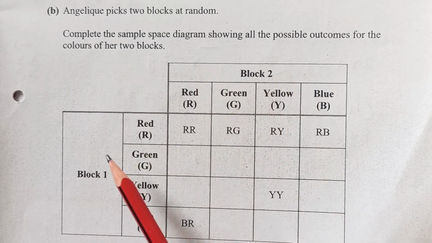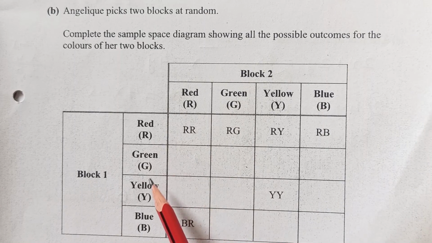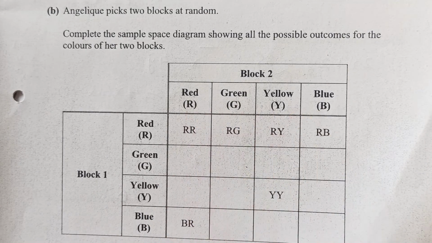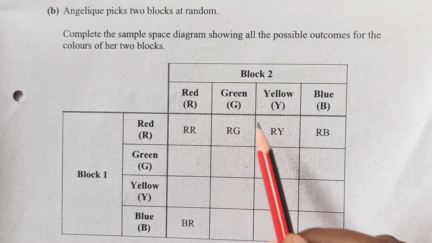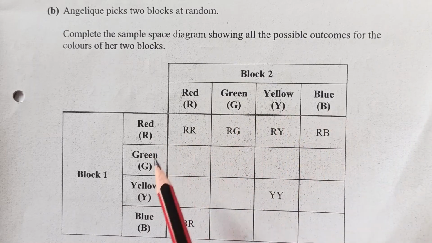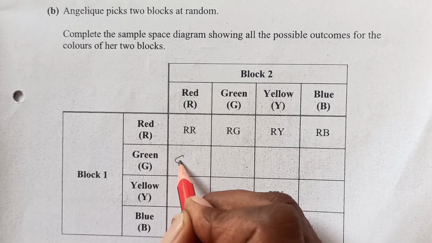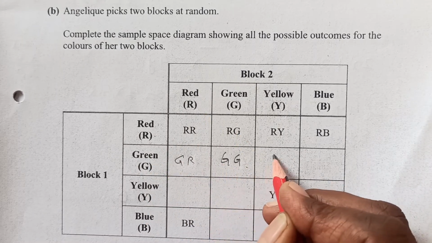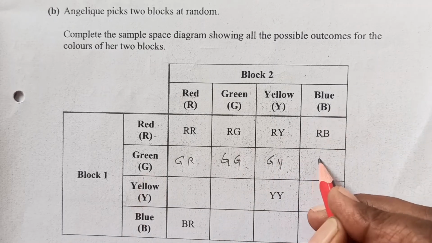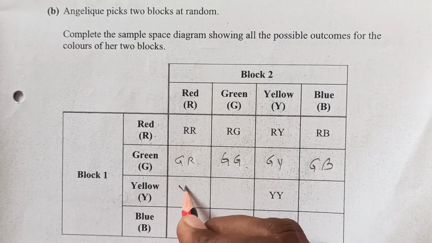We have block 2 here, block 1 here, red, green, yellow, blue. Here also we have the colors. So see here R and R, RG, RY and RB. Now we will start with G: GR, then GG, GY. Green, blue, yellow, red.